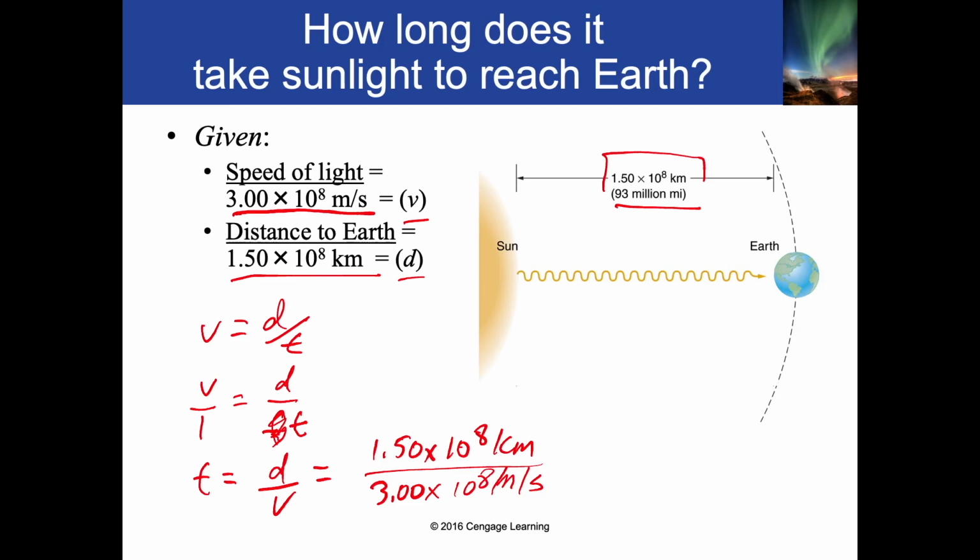Okay. So this is actually really easy. If you forget about having the scientific notation there, this is literally 1/2, right? 1.5 and 3 is 1/2, right? So 1/2.